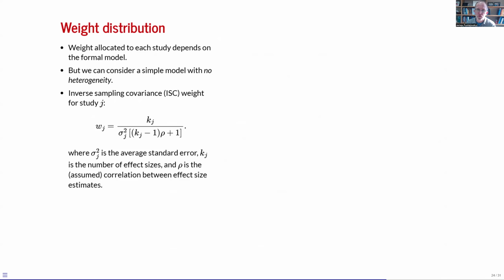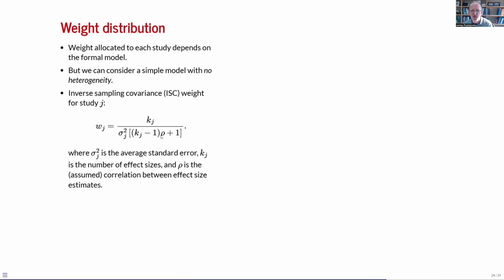But as a preliminary thing, we could think of a very simple model, one that doesn't have any variance components, no heterogeneity in the effect size estimates, where we're just weighting the effects based on their sampling covariance matrices. We call these inverse sampling covariance, or ISC, weights, and they're a fairly simple function of the squared standard error, the number of effect size estimates in a given study, and the correlation between the effect size estimates, which I've denoted here as rho.